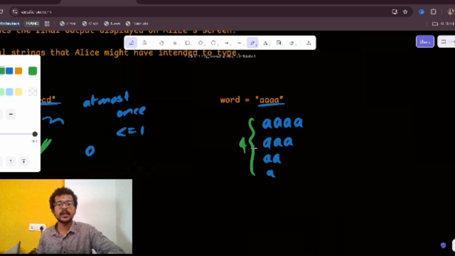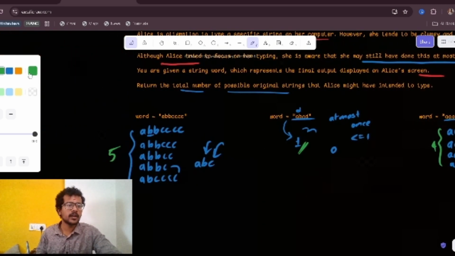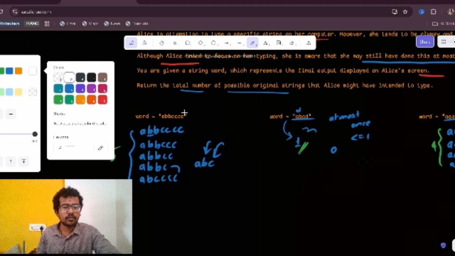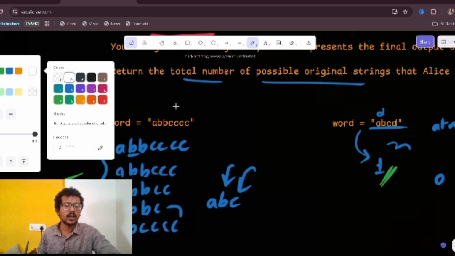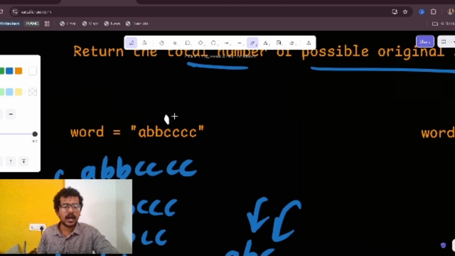So, what will be the algorithm for this? Now, if you see, for every C, for this C, I have counted whether I have a C before. Yes, let me count it. Now for this C, do I have a C here? Yes, let me count it. Do I have a C here? Yes, let me count it. Now I have B here. Do I have a B here?